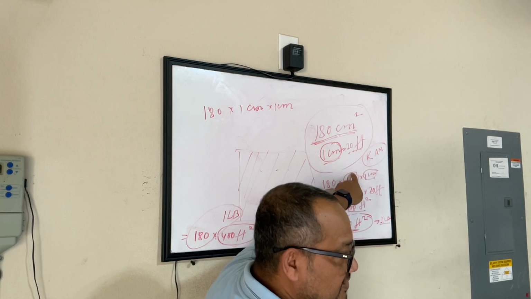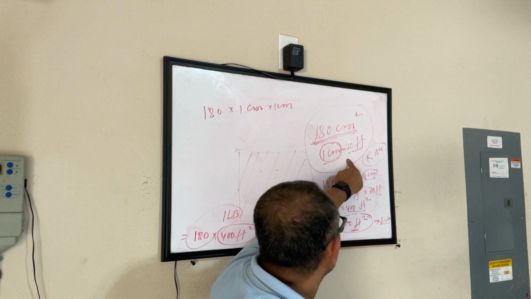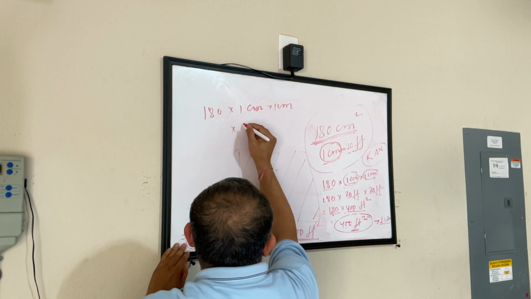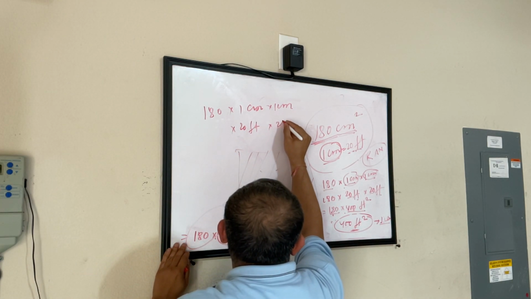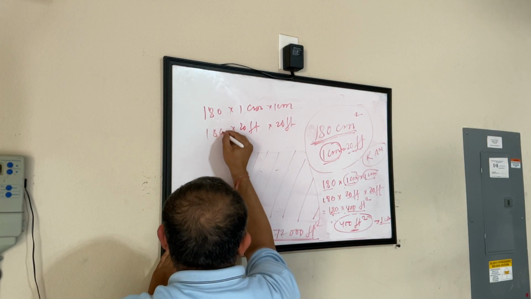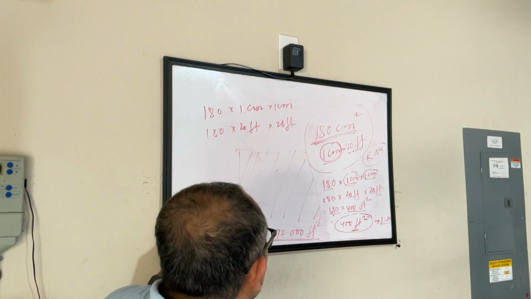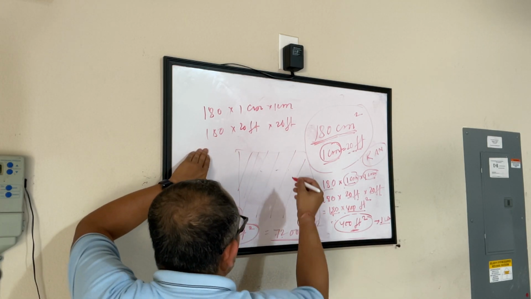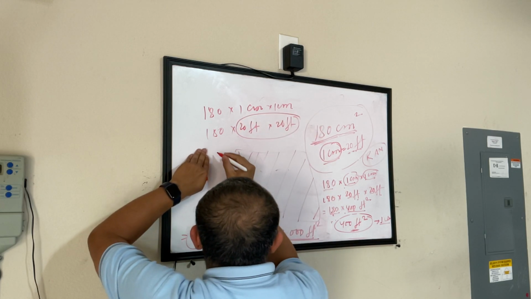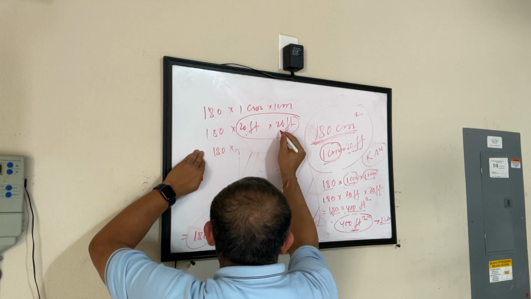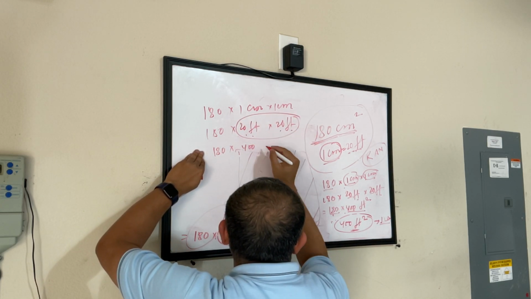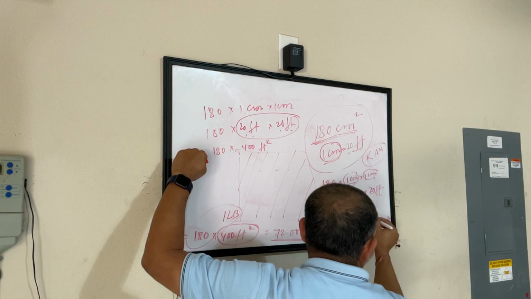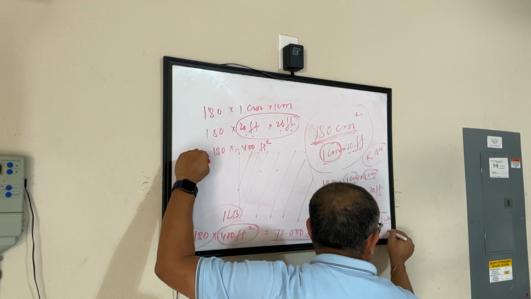And I have the scale here. I'll replace every 1 centimeter with 20 feet. So this tells me the actual area of my field. Interestingly, 180 into 20 into 20 is 400 feet into feet, which is feet square. And here I have been told that 400 feet square area needs 1 pound of seed.